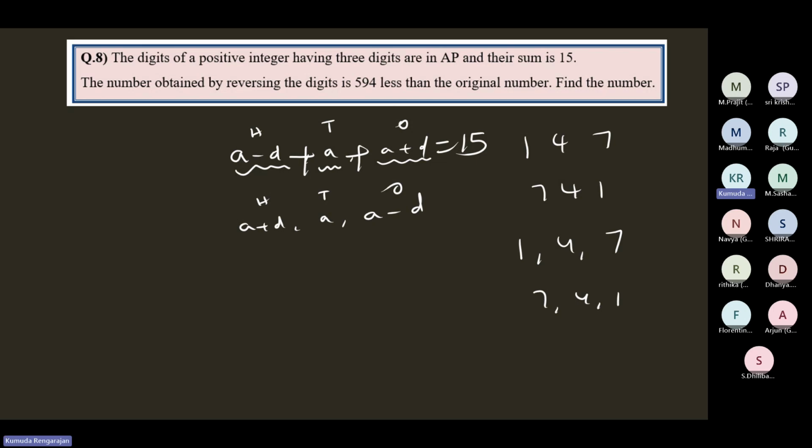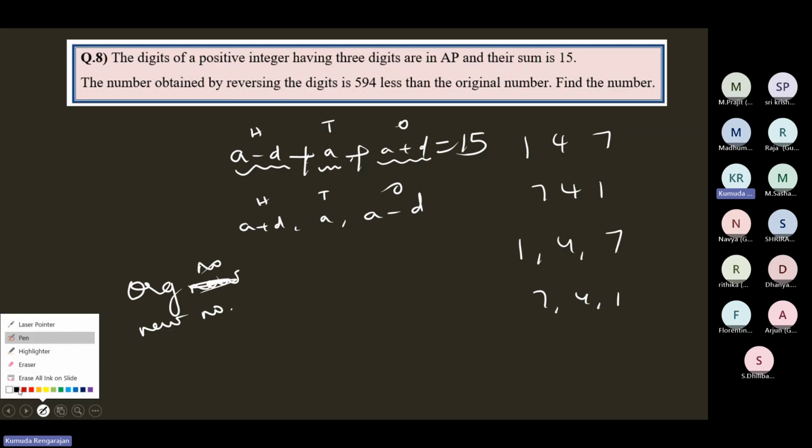From this we get a clue as to which number is big. Is the original number big or the new number big? The number obtained by reversing the digits is 594 less. So let's call it the original number and new number.